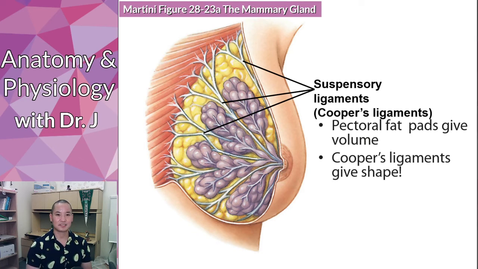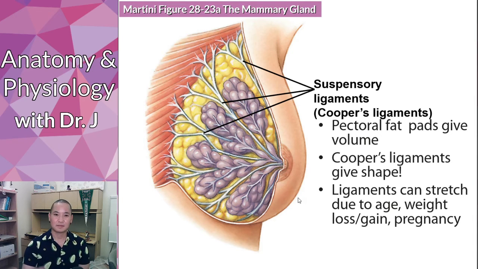I think it was inconclusive. I have to pull up that article again. But that was the whole theory behind that: you have these ligaments connecting and helping form the shape of the overall mammary gland, in combination with the pectoralis major and also with the pectoral fat pads that give volume.